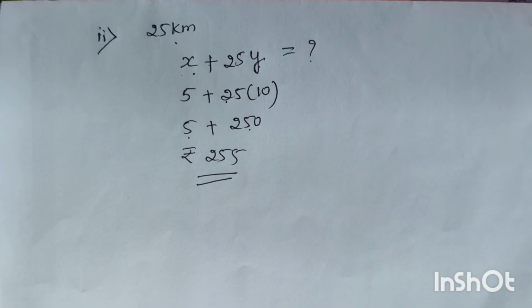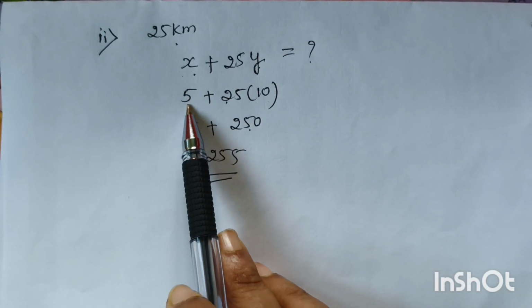Let me explain this. Here, the meaning is like this. If a traveler gets into the taxi, he has to pay the fixed price, whatever the distance, even if it is short. Once he gets into the taxi, he has to pay the fixed price. We got it as 5 rupees.